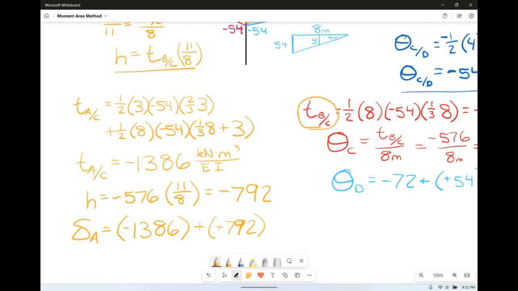Those add together there, and we're going to get -594 kilonewton meters cubed over EI.